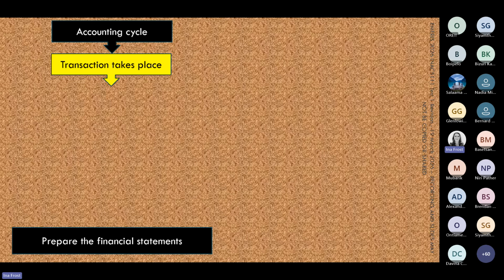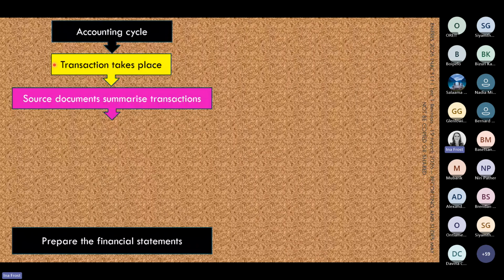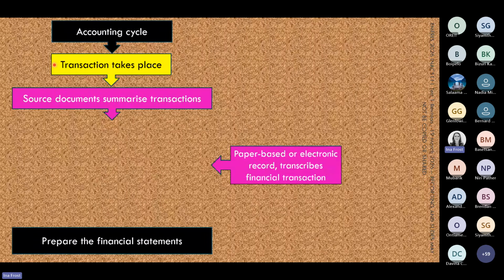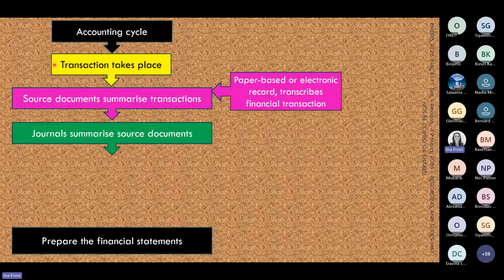Let's just go through that again then. Remember, your bookkeeping cycle starts with a transaction that takes place. This transaction will be captured onto a source document, and a source document, by definition, is either a paper-based or an electronic record. We're going to then capture our source document into the journals.